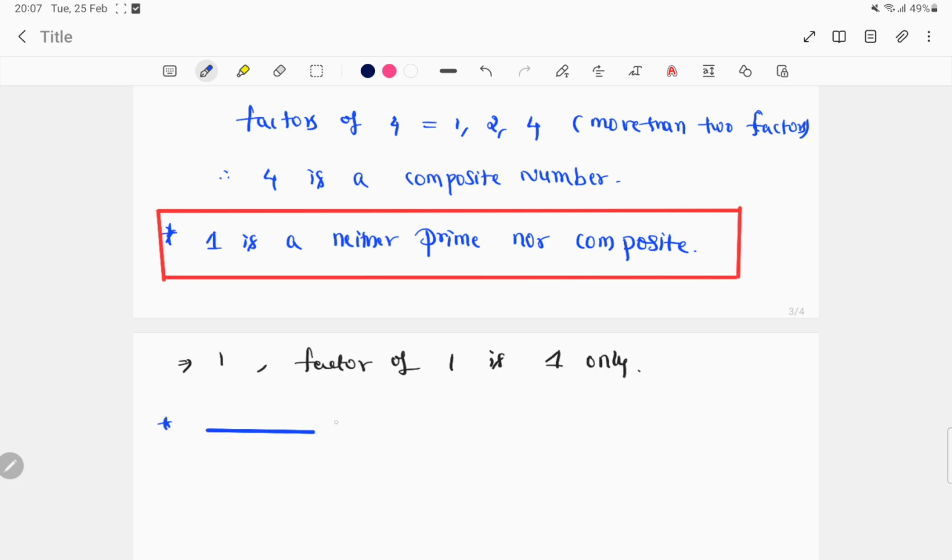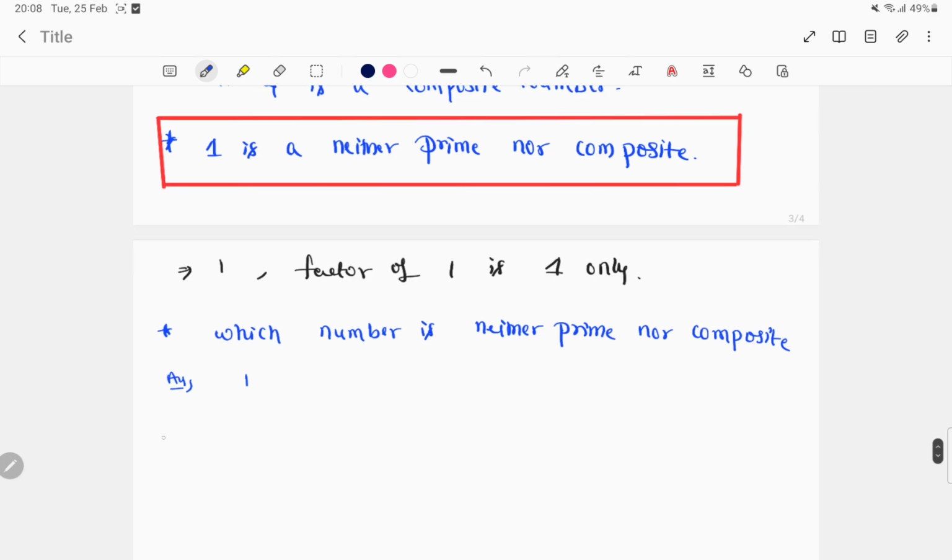Which number is neither prime nor composite? So what is the answer? The answer is 1.